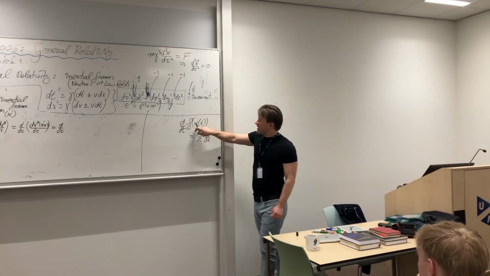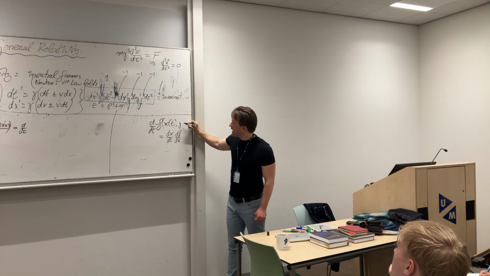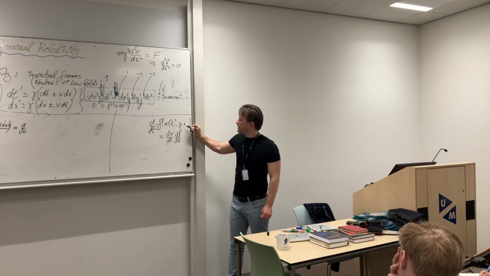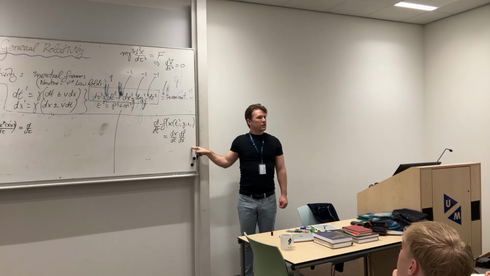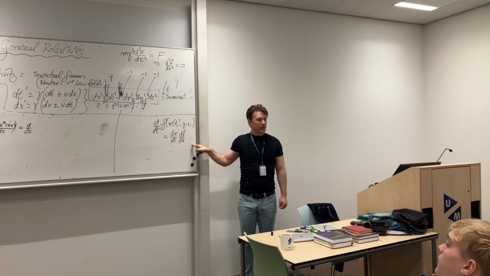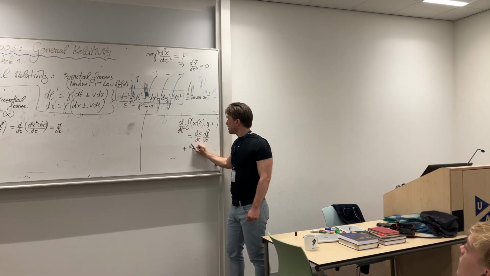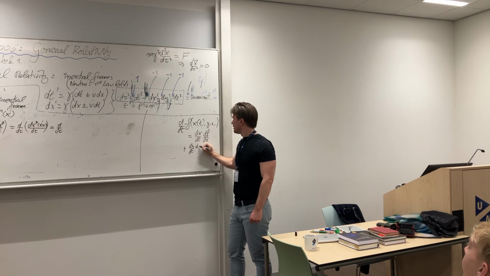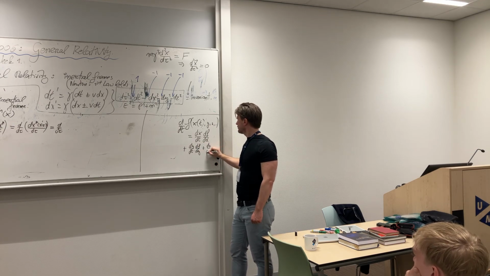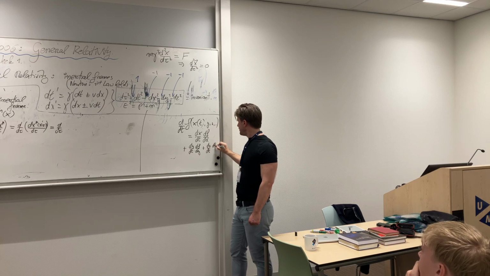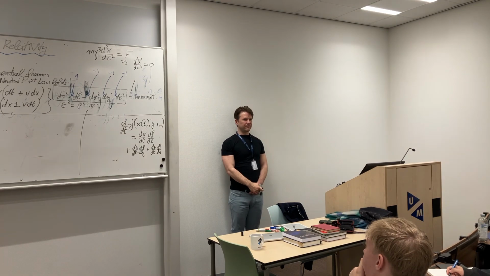So instead of having this, that f depends on x, it also depends maybe on y, and maybe on z, and maybe on something else as well. That means you don't just have this term as your chain rule, you're also going to have this. There's no relativity here, this is just calculus.